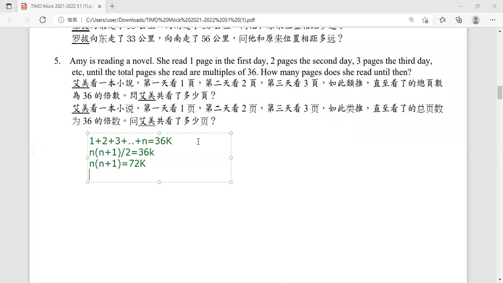Hopefully you will know that 72 equals 8 times 9, so n is 8. But the answer is 36, not 8, because the question is asking how many pages she read until then. So she had read for 8 days, but 36 pages.